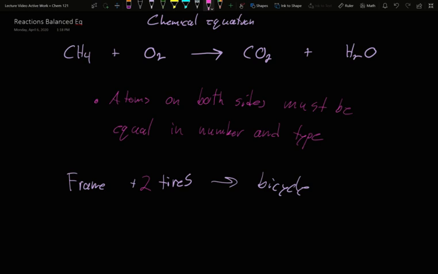Things don't have to come in 1-to-1 ratios. You can need multiple of something to build your product, and this is true for atoms in a reaction. We need multiple of our starting materials, and we may make multiple of our products. So how do we go about identifying that? How do we find out how much we need of each thing?